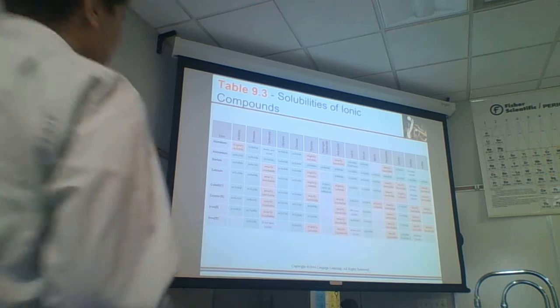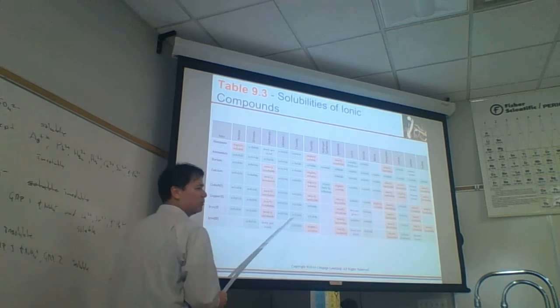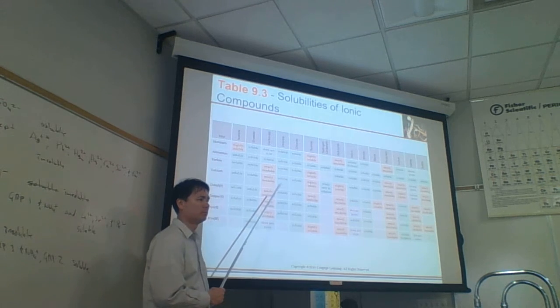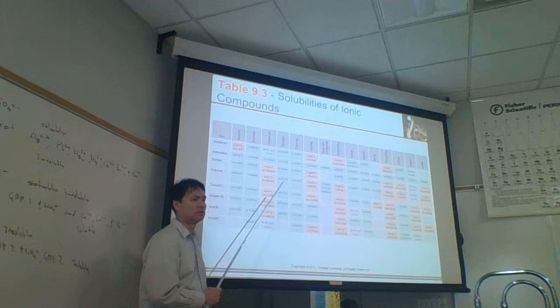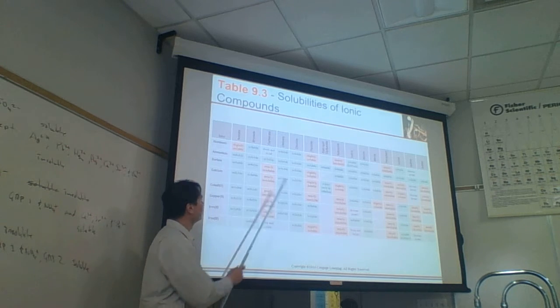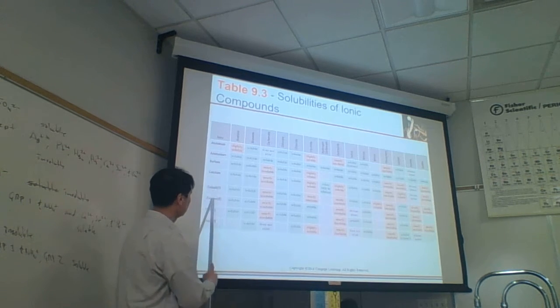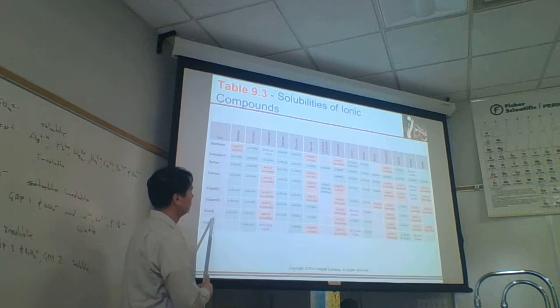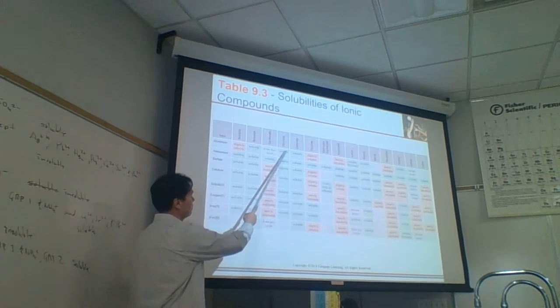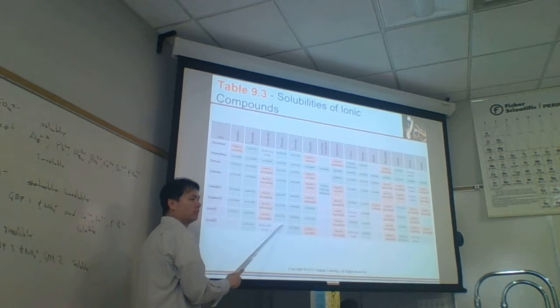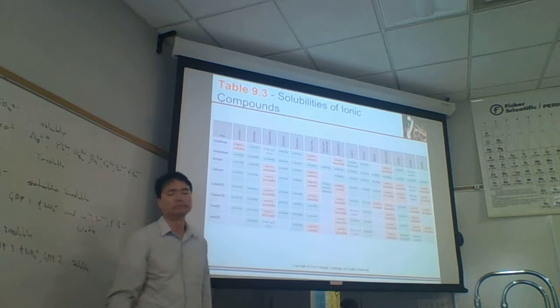Chlorides, bromides, and iodides are all soluble except for which ones? Except for silver, lead, and mercury. So is there any silver, lead, or mercury here? No, and so take a look. Chlorides are all soluble.